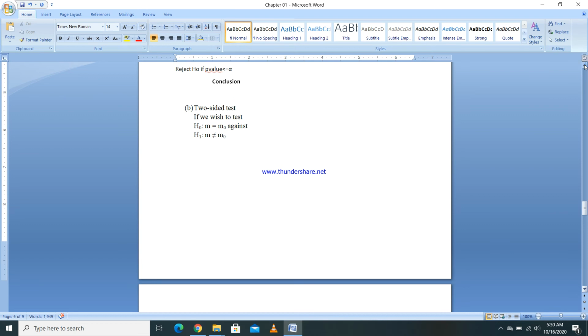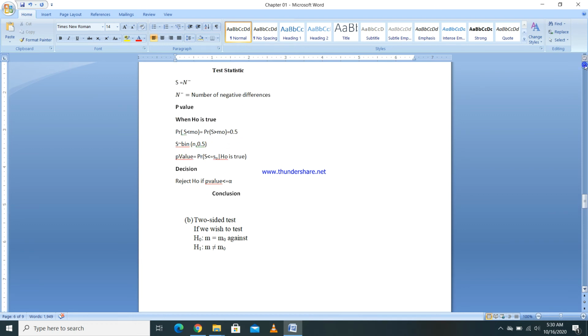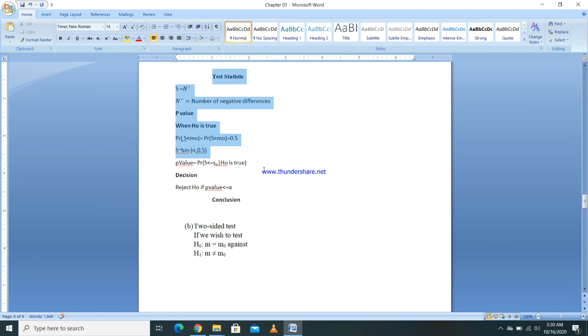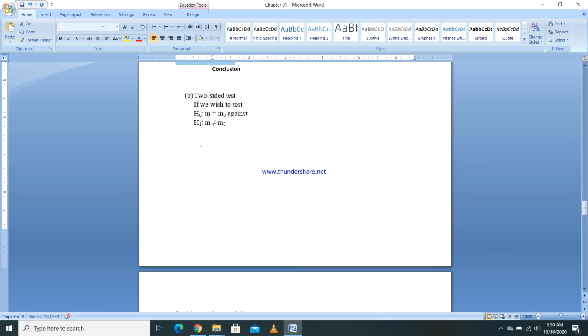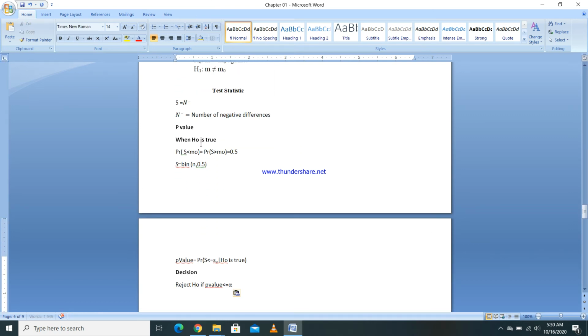So in that case also you have to write down the test statistic, what your p-value is, and how you take the decision. I'll just take a copy from the previous one. Now when it comes to the two-sided test, it's a bit different how you calculate your test statistic.